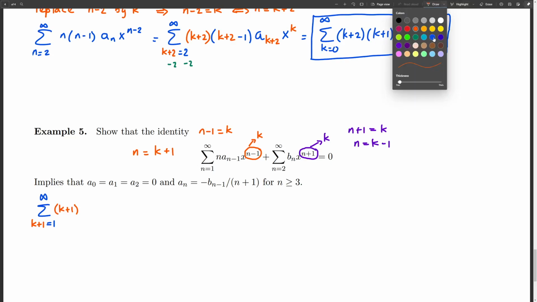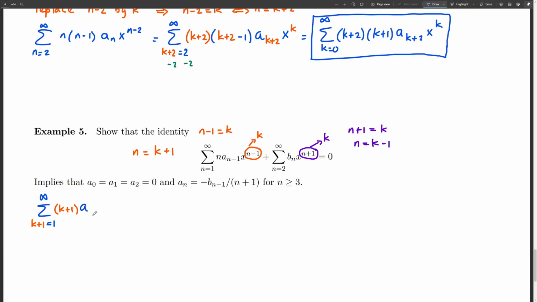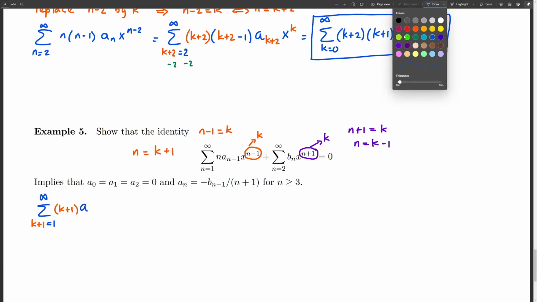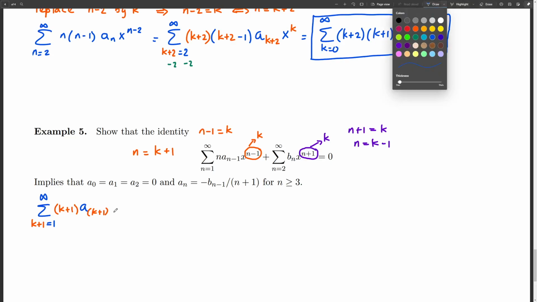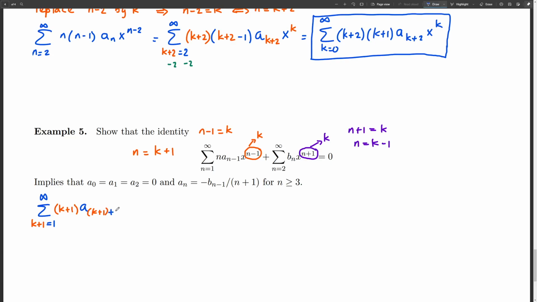That becomes a, and then k plus 1 plus 1, or if you wanted to, you could also directly replace n minus 1 by k, but I'll just show here that if you just replace n by k plus 1 everywhere, you get the same thing.